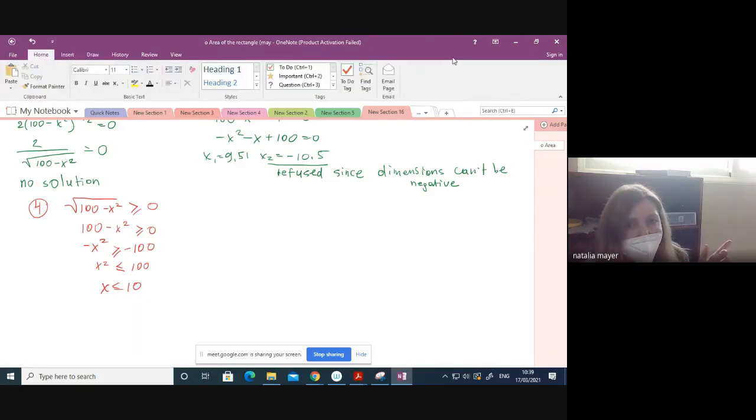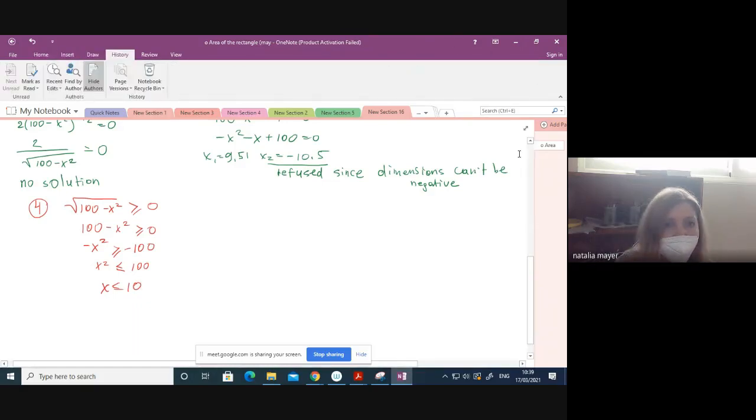What about length? 2x has to be also greater than 0, which means that x is greater than or equal to 0. So finally, we want to come up with the interval because the algorithm requires an interval. What's the interval? From where to where? Yes, absolutely. From 0 to 10.